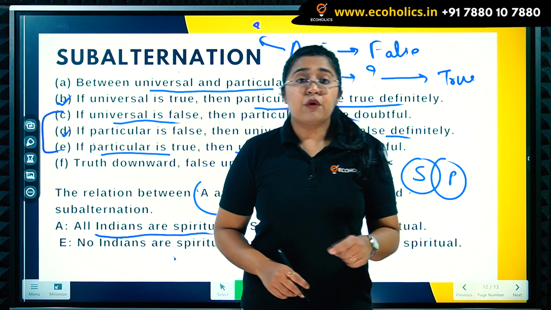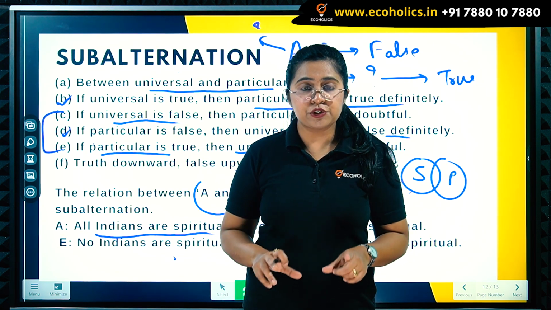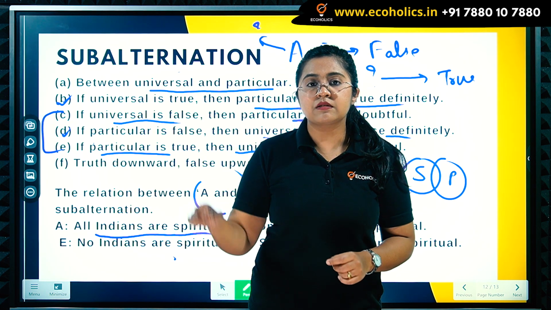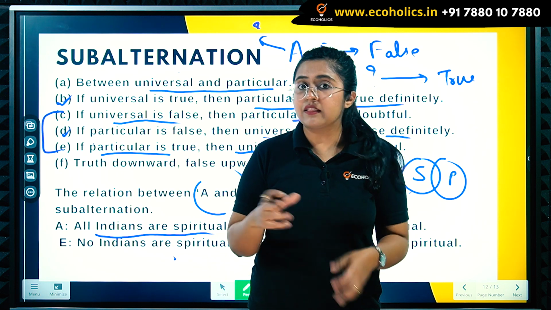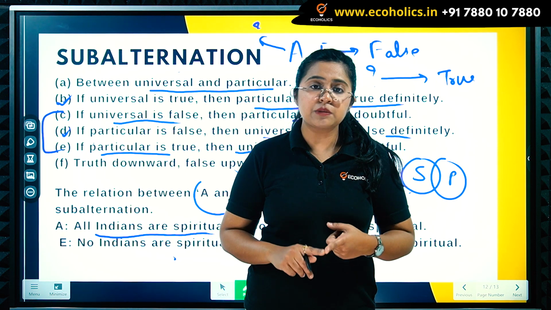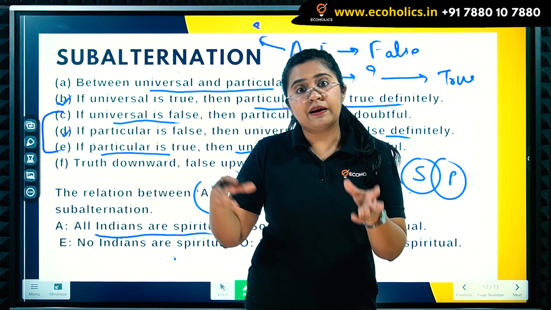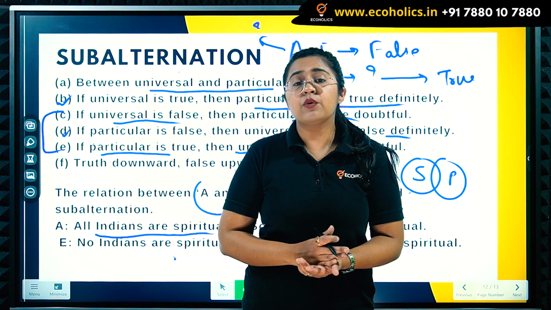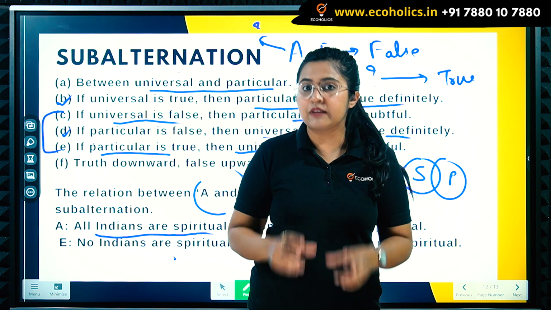So these are the 4 very important types of classical square of oppositions. To understand the classical square of oppositions, you must start doing the questions, start making the Venn diagrams. The classical square of oppositions will not just give you rules through which you can efficiently work out your Venn diagrams, but will also be very, very helpful to score good marks, especially in the logical reasoning part.